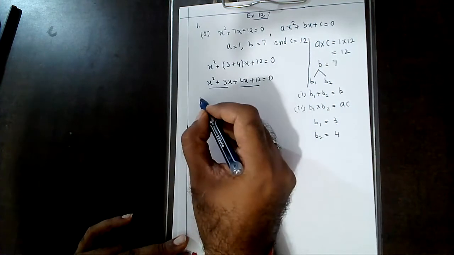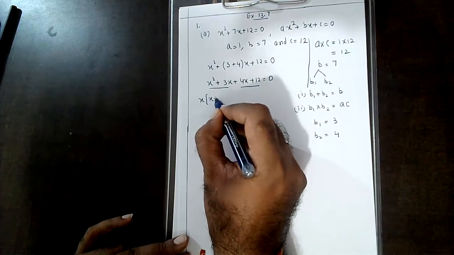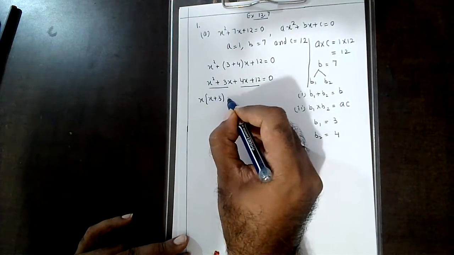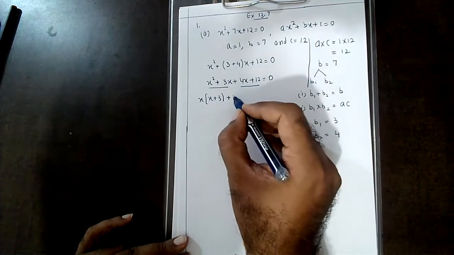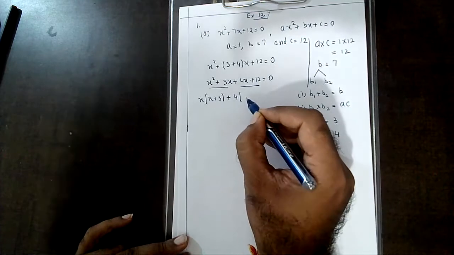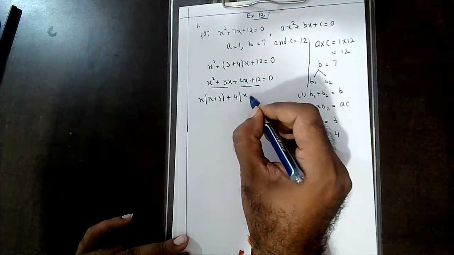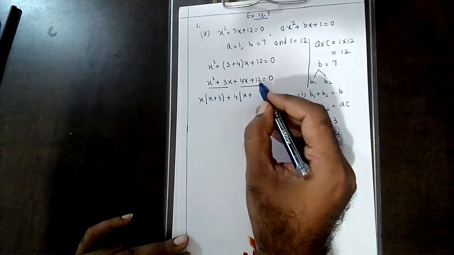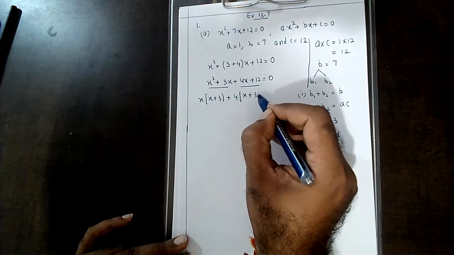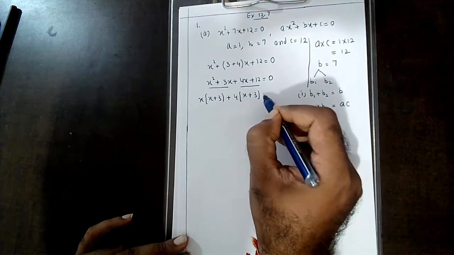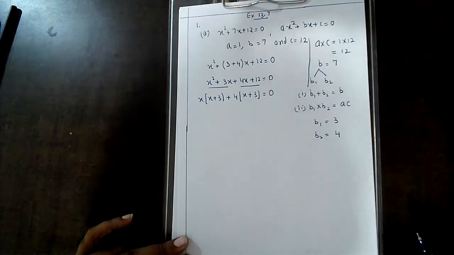The common is x. We are left with x plus 3. Plus, in these two terms, the common is 4. Take it out. What is left in the bracket? x plus 3, because 4 into 3 is 12, is equal to 0. Clear to everyone? Yes.